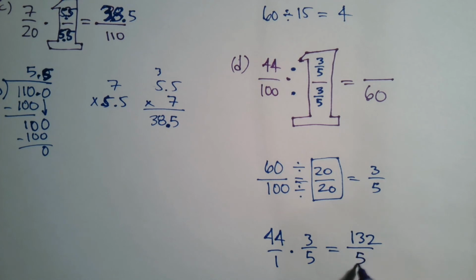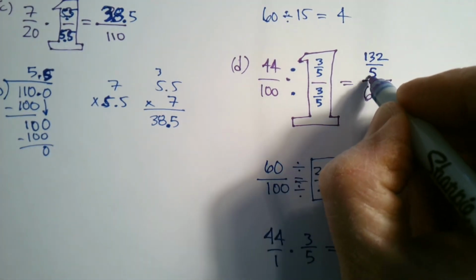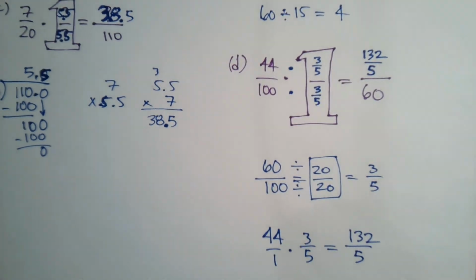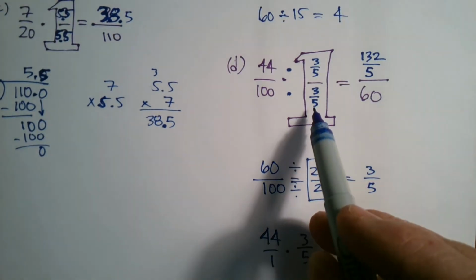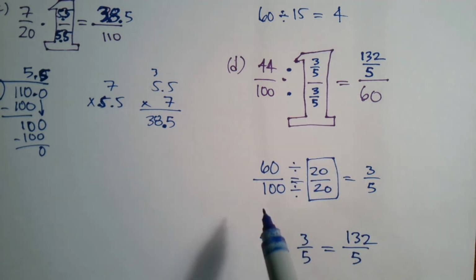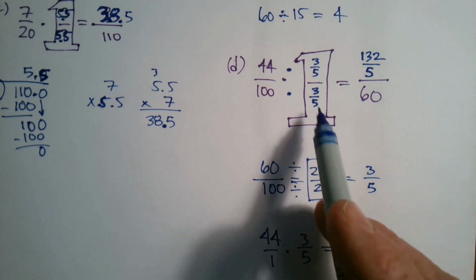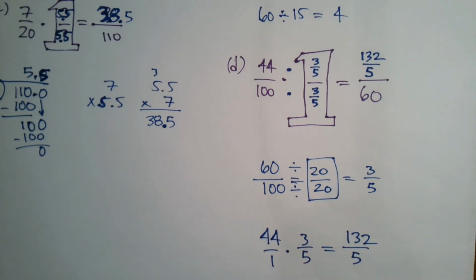So 132 over 5. So this number up here is 132 over 5. And that's doing it with fractions. Could you have done this as decimals? You sure could have. Instead of 3/5, it would have been 6/10, as a fraction or a decimal. But doing it in fractions and leaving it as a fraction is just fine.